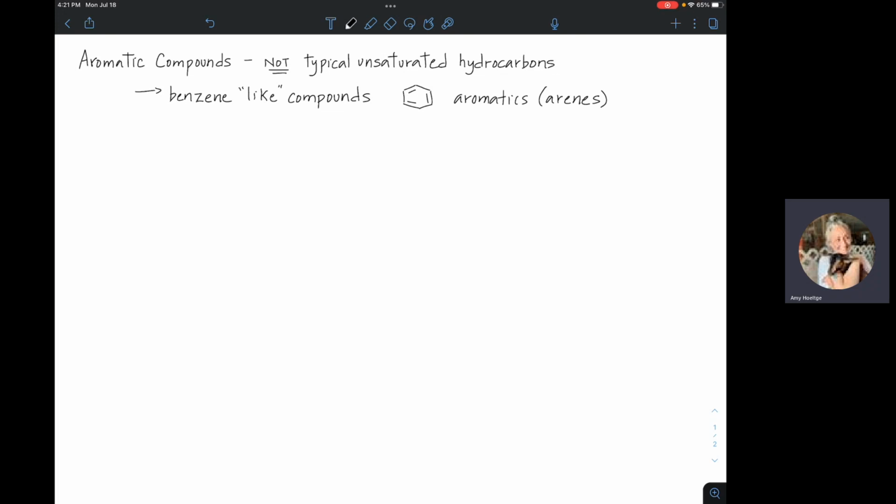So aromatic compounds are different than aliphatic compounds. Aliphatic compounds are like if we had, for example, an alkane, an alkene, or an alkyne. We refer to them as aliphatics.